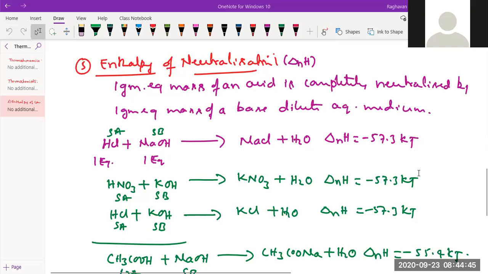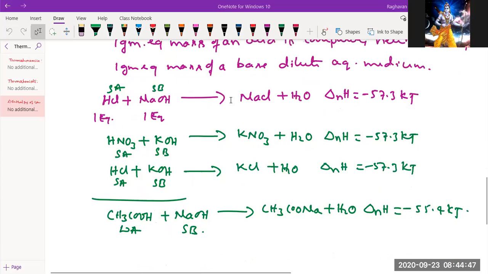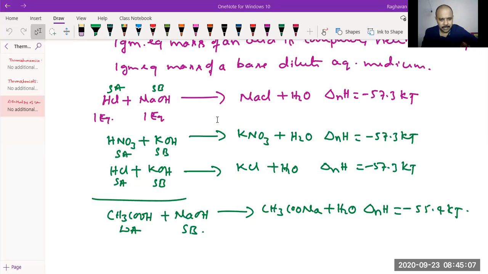Sir, complete ionization for strong acid and strong base. So what? Whatever the acid or the base, the amount of ions, there is complete ionization.